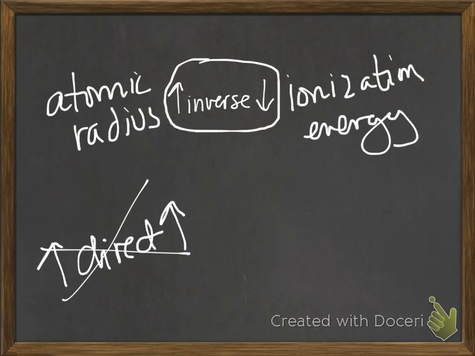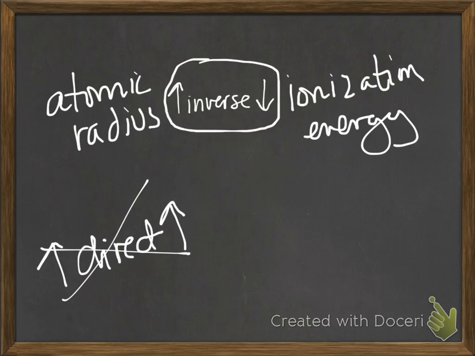Their outermost electrons are on the 6th main energy level and the 5th main energy level. They've got 4F, 5D, and 6S as their highest levels. That's pretty far out from the nucleus. That's not something that you can hold on to very tightly. So they tend to be very reactive.